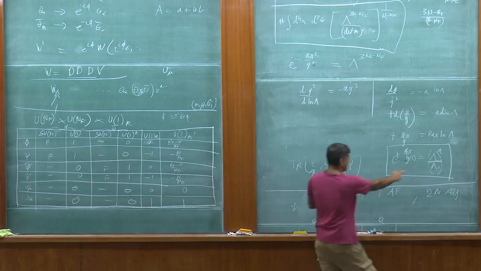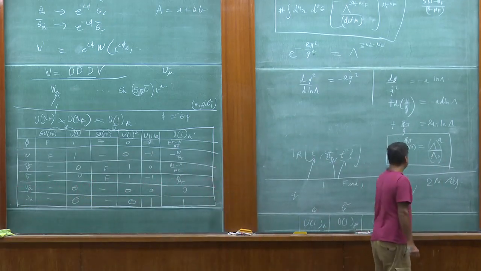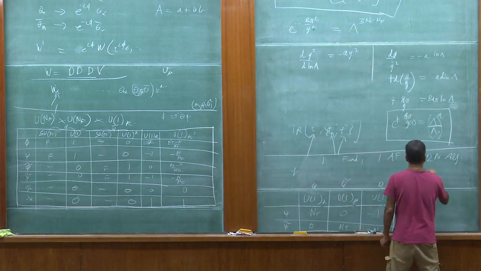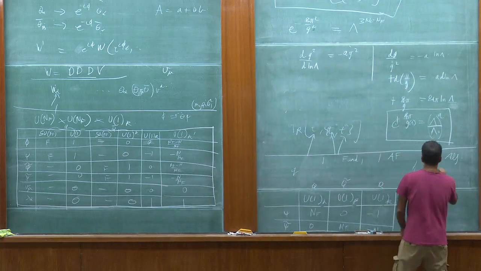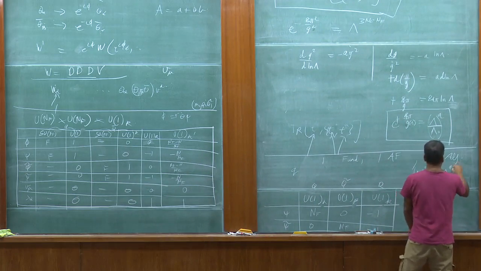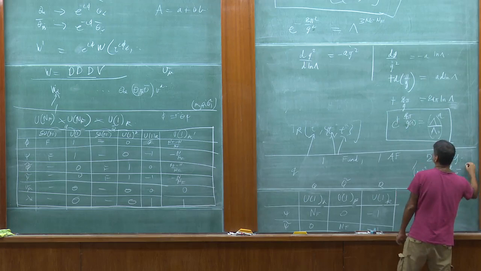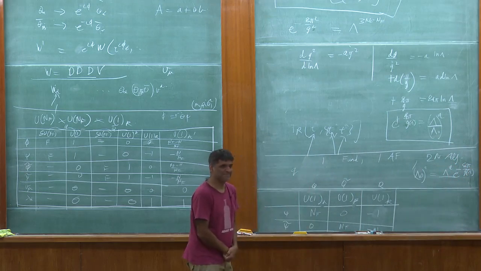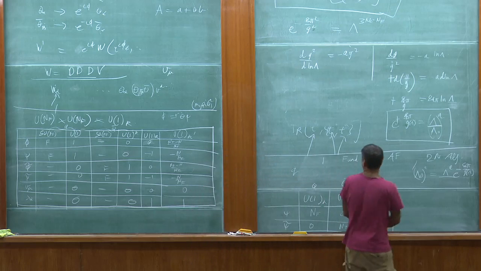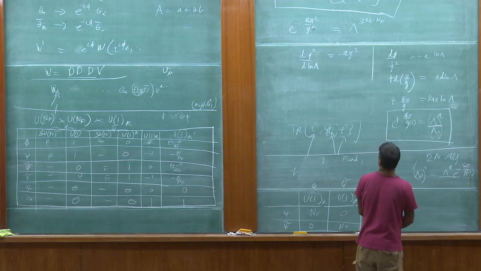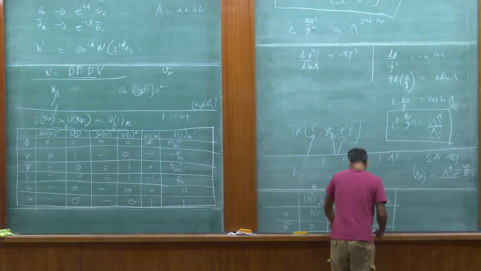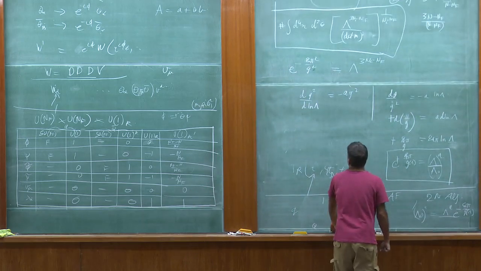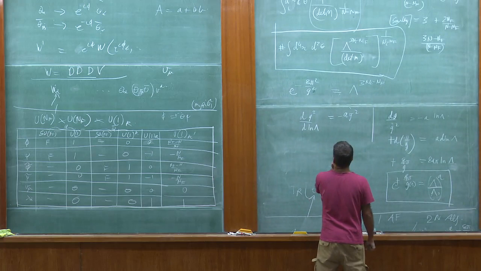So notice that if I solve for lambda naught here, lambda naught to the power A is equal to lambda to the power A times e to the power minus 8 pi by g of lambda. Now I have the feeling that I should have had a g square.